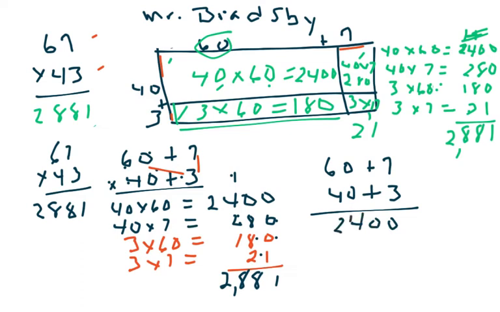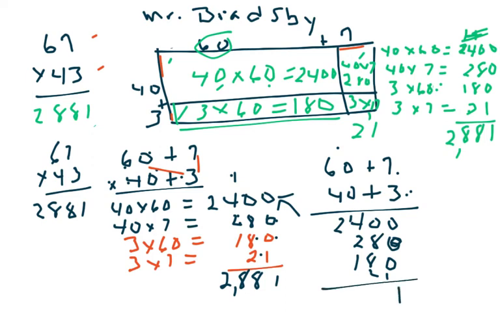You don't have to write down the problem like we did over here, but you can if you want. 40 times 7, 7 times 4 is 28, that's 280. 3 times 60, 3 times 6 is 18, 180. And then 3 times 7, 21.